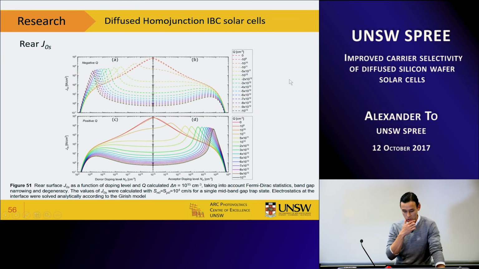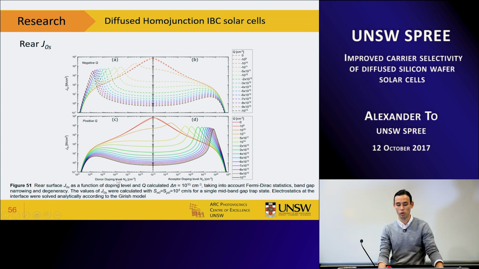And to image that, I took that same surface recombination and carrier statistics calculator that I developed before and looked at how the J0S looks if you vary your doping level from acceptors to donors for varying interface charge.